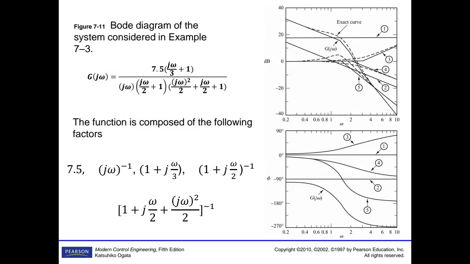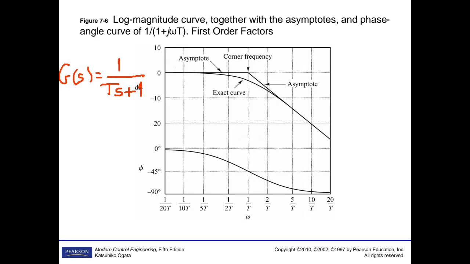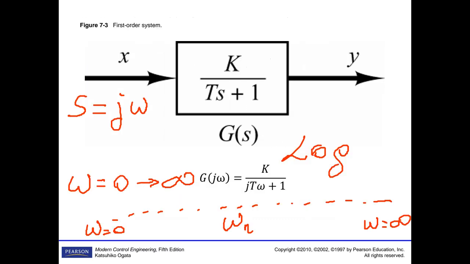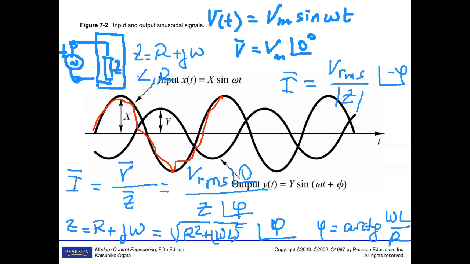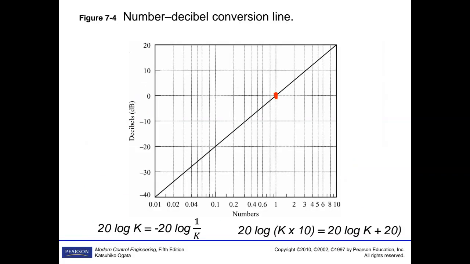What we did actually, we replace S equal j omega. And omega changing from 0 to infinite. And since the number of points is too much, we use logarithmic scale. For logarithmic relationship, every 10 point is represented like this. And the decibel values and the number values relationship is something like this.